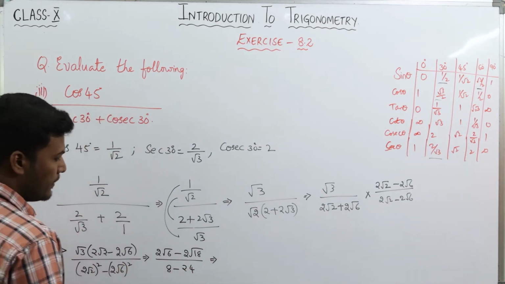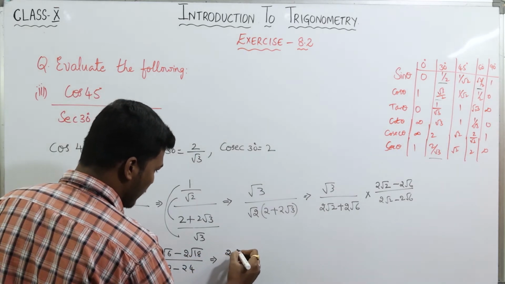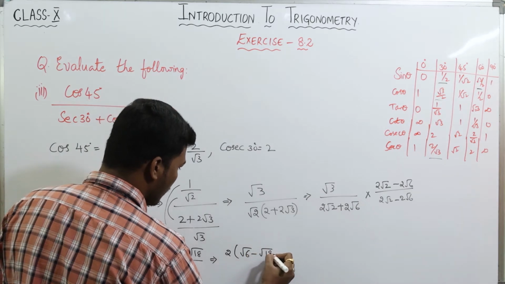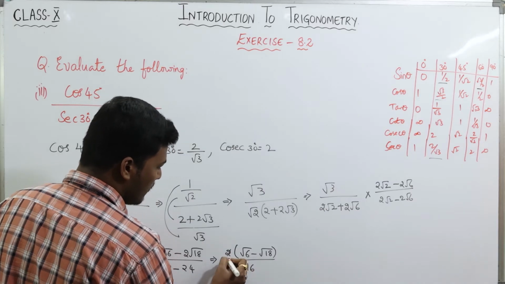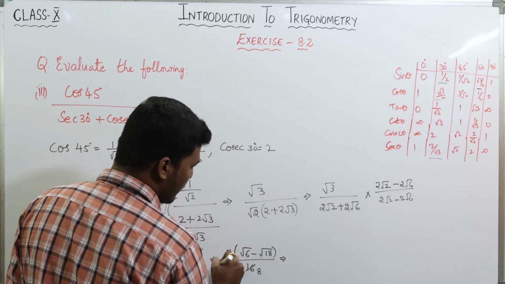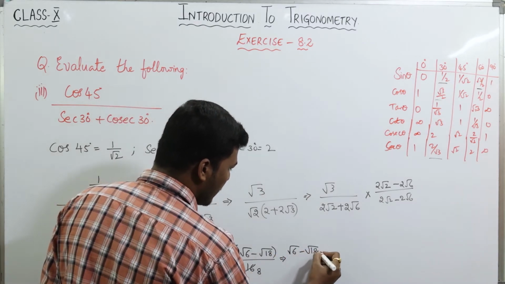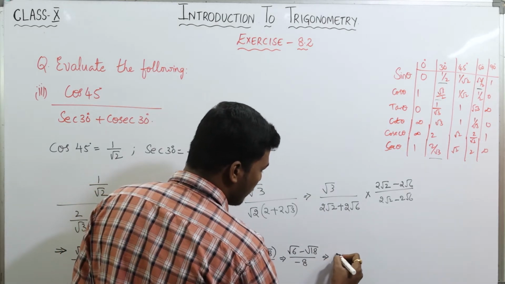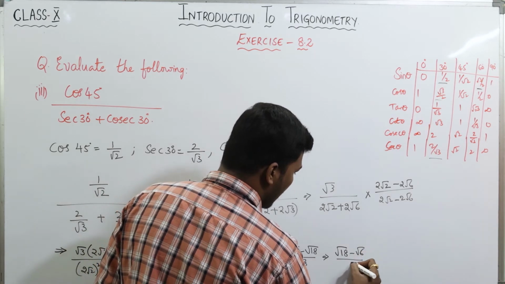Now from that what you can do here is take 2 common from this, then it will become root 6 minus root 18 by minus 16. Okay, so 2 1s, 2 8s. So you are left with root 6 minus root 18 by minus 8. If you take minus common, then it will become root 18 minus root 6 by 8.